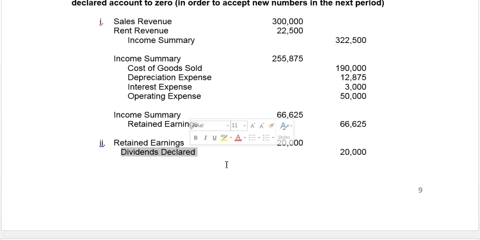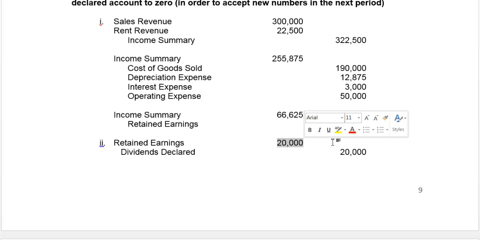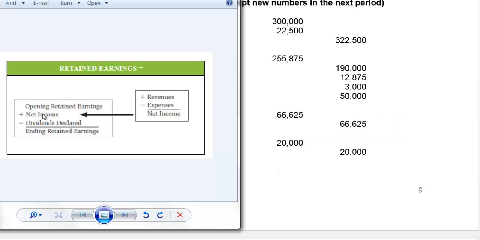It was normally a debit balance account, so we're crediting it to close it, and we're going to debit retained earnings. Now our retained earnings account has been updated for income and dividends declared. It went up when we booked income, and it went down when we closed out dividends declared.